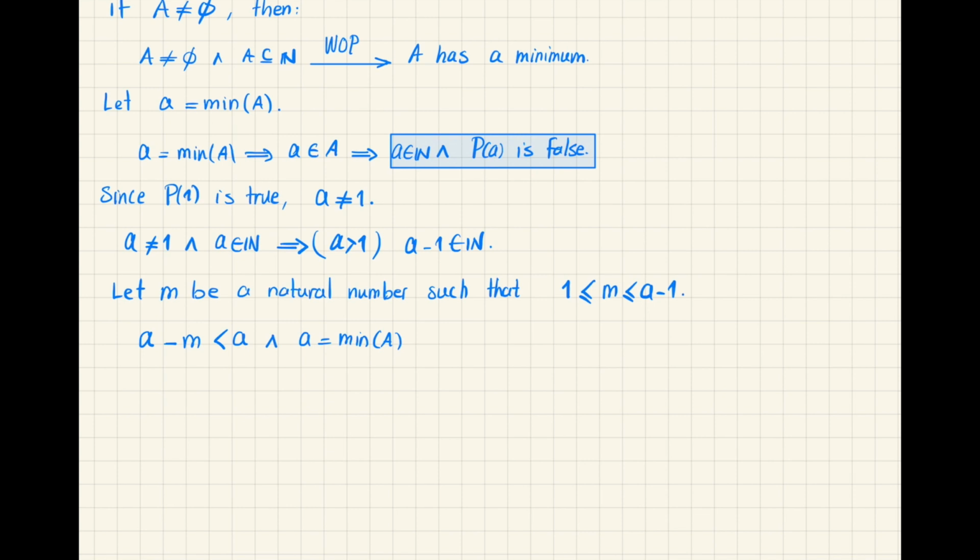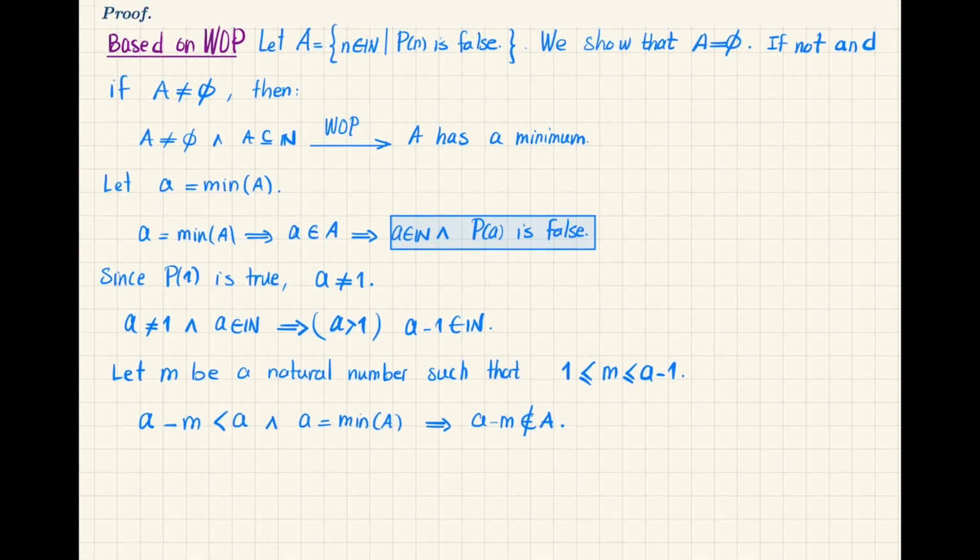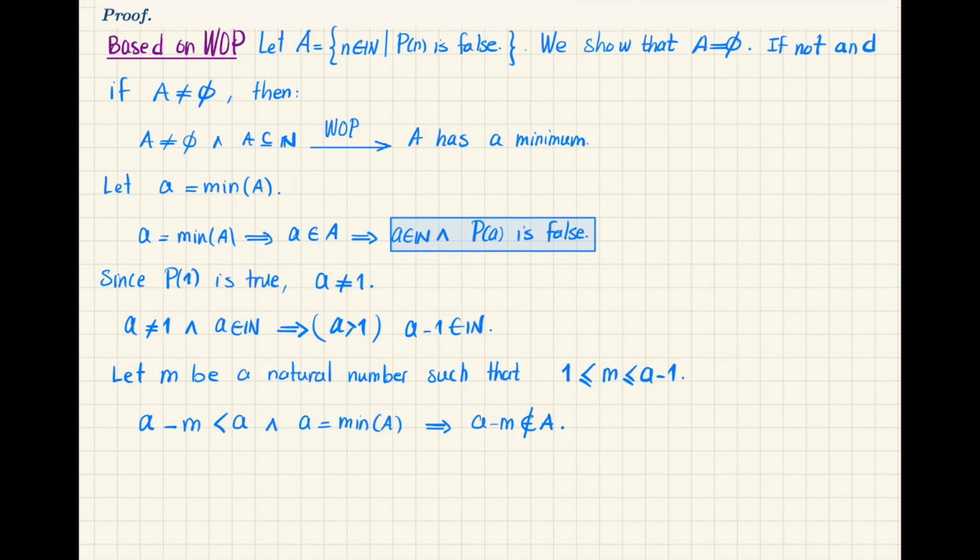This little a is the minimum of my set, and a minus M is strictly less than a, so this implies that a minus M does not belong to my set. But again, there are two possible reasons why a minus M does not belong to the set A. Either it violates the first condition, or it violates the second condition, or both.